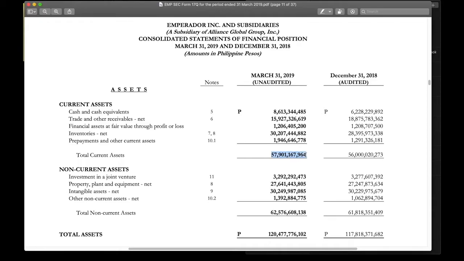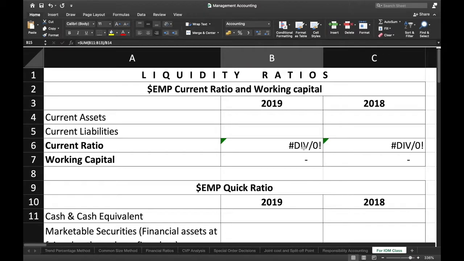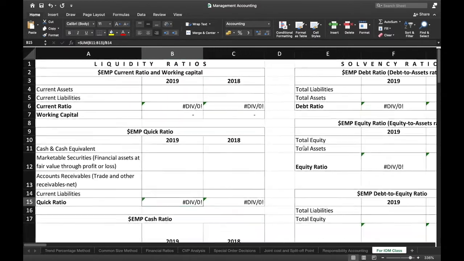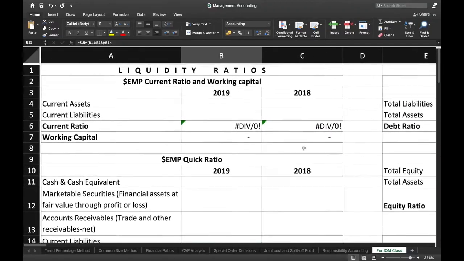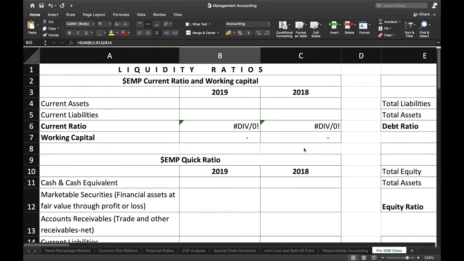So, let's copy this one. And I have here the Microsoft Excel na naka-format na siya, naka-template na siya. Lalagyan na natin ng data. And of course, ipapakita ko rin naman sa inyo how it is computed, and the most important thing is yung analysis sa numbers. Okay, so for the current assets, let's paste this.